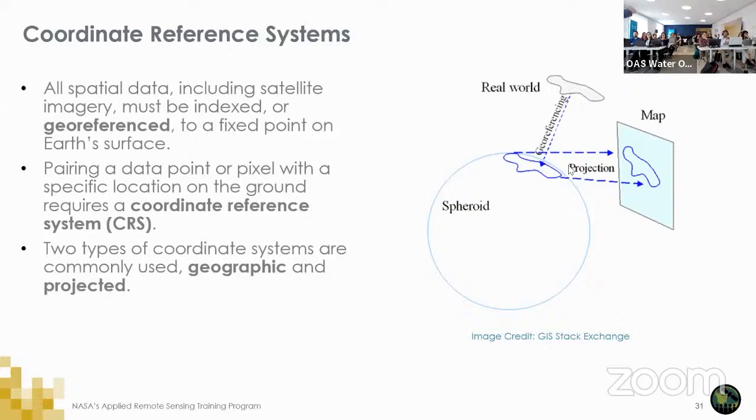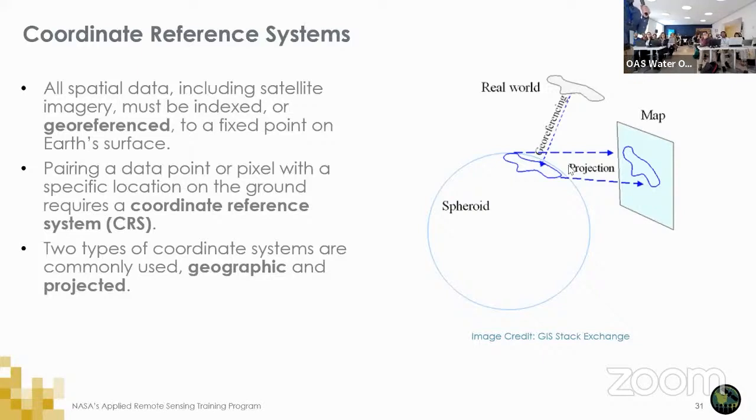It needs to be radiometrically corrected, but it also needs to be georeferenced so that you have confidence that the area of the observation, the imagery that you're getting, is accurate. It's been mapped specifically to that part of the planet. And so that's how we use projected coordinate systems.